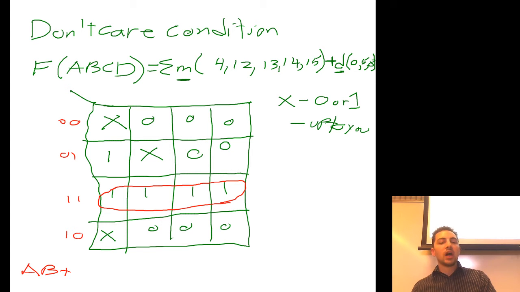Now, we have a choice of what we can circle. There's only one cell that has a 1 in it. Without these don't cares, we'd be forced to rely on this grouping of 2, which would end up being something like B, C bar, D bar. With don't cares, however, we can choose to treat any of these x's as if they were 1s.